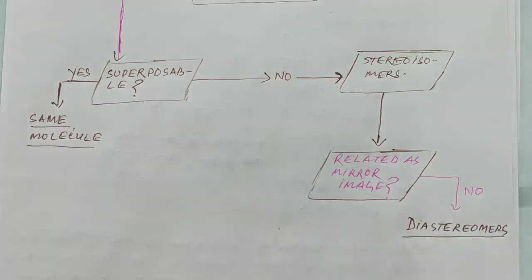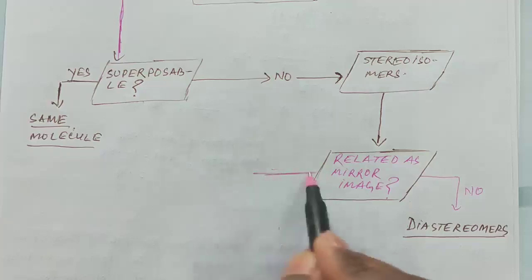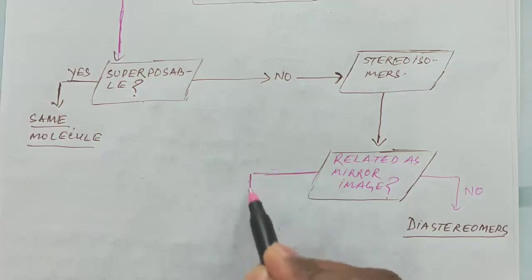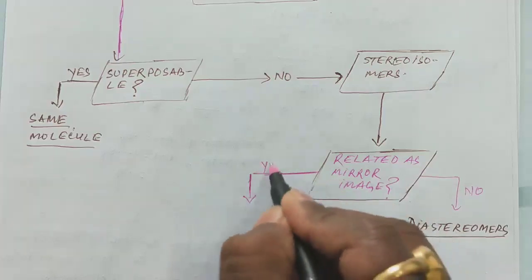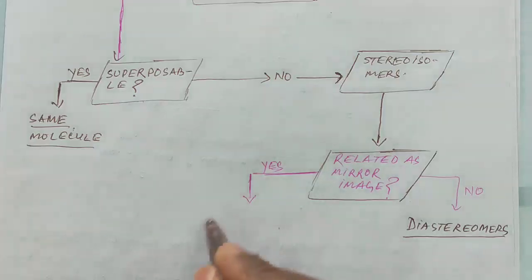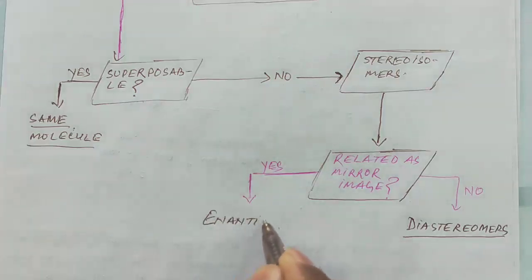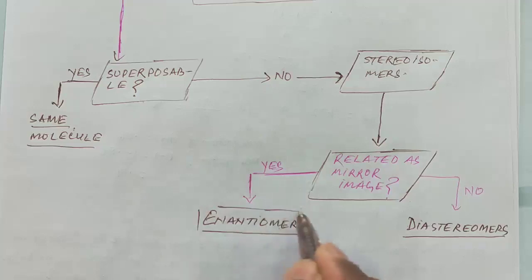And if they are mirror images, if they share a mirror image, if the answer is yes, then they are enantiomers. Enantiomers.